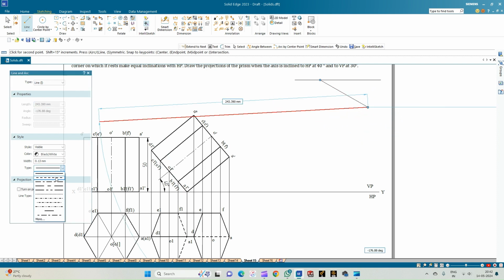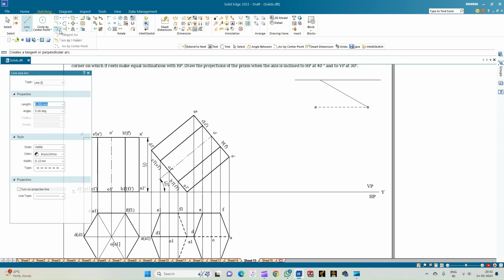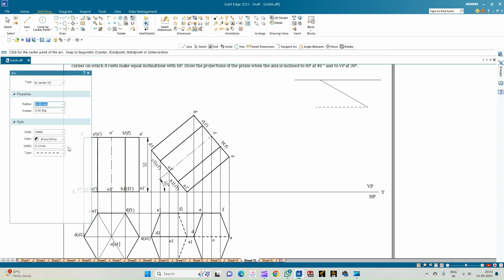From the end point of this, let us draw the locus of O1, and then let us consider the arc by center point, and draw the arc whose radius will be equal to 38.3 and intersect that with the locus of O1.